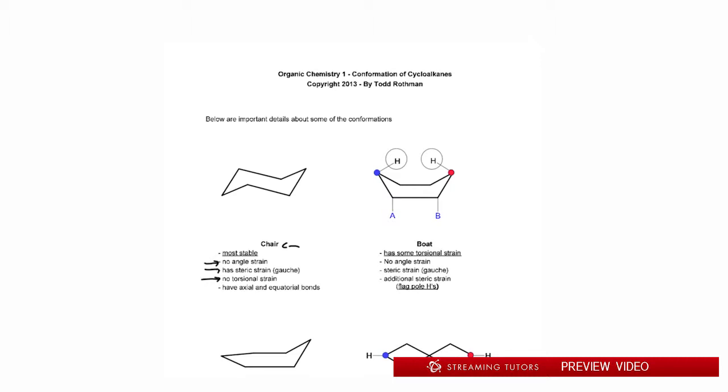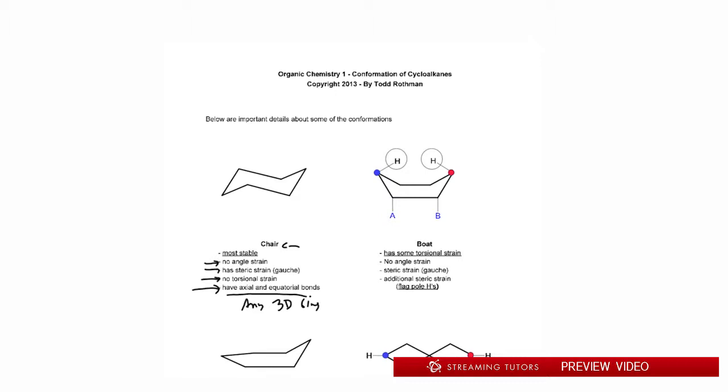Now, it has what's known as axial equatorial. I want to point out that any 3-dimensional ring will have this. What do I mean? Cyclopropane is stuck. It's flat. It has got all torsional strain. It is completely flat, 2-dimensional, which means it has no axial equatorial bonds.